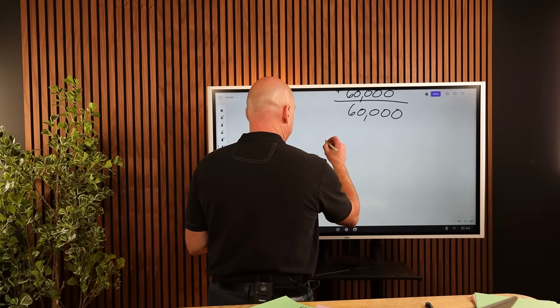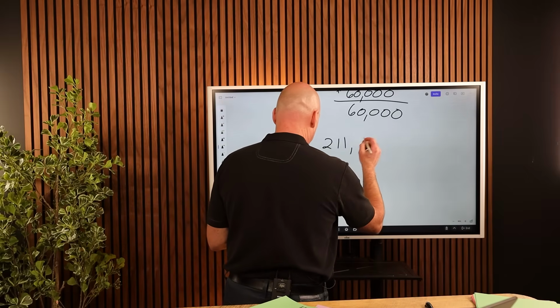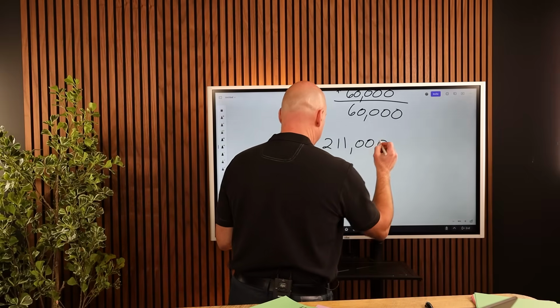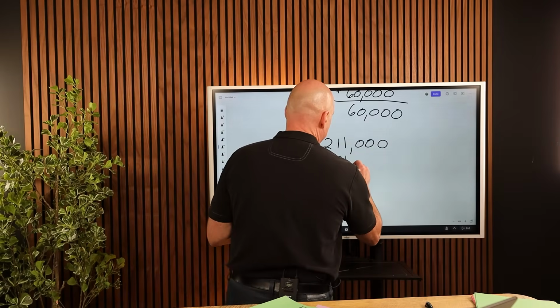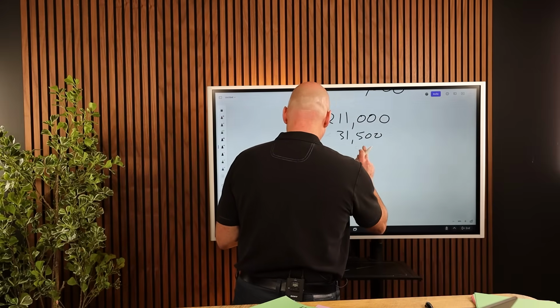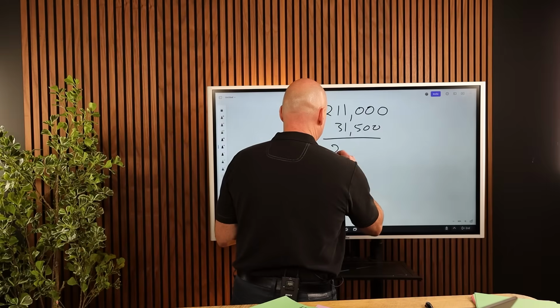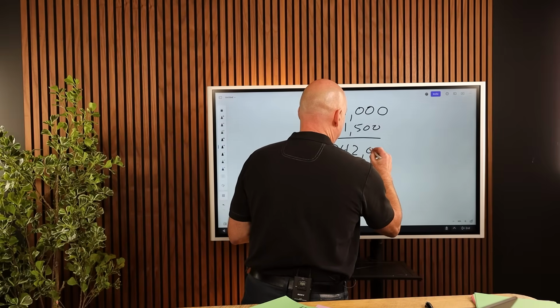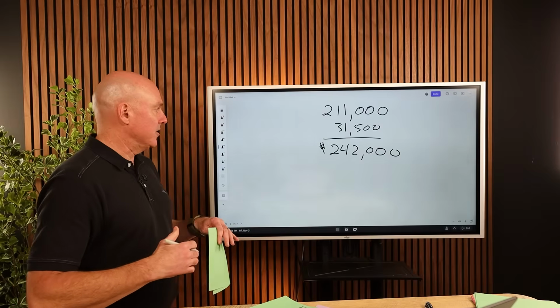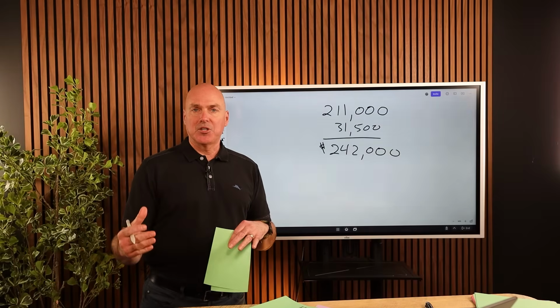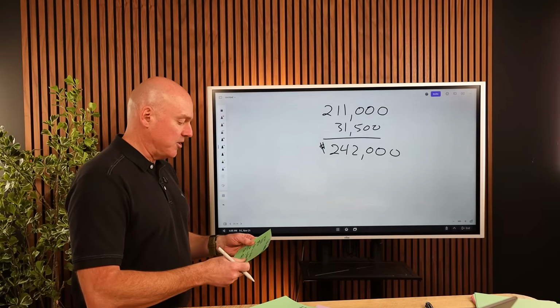So we're going to do a little calculation here. Again, we're targeting that 22% tax bracket, which is about $211,000. We're going to add in our standard deduction, $31,500 for the year, and that means we can have $242,000 of total income and still be in that 22% tax bracket. It is, again, going to push us up into a little bit of an IRMAA situation there.